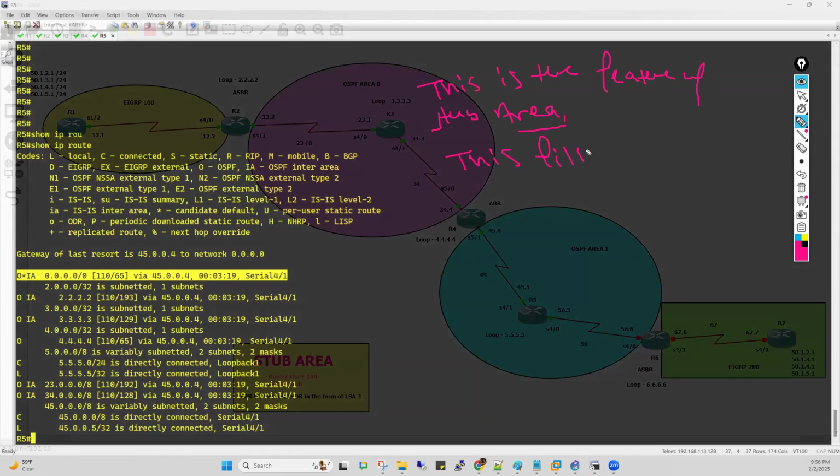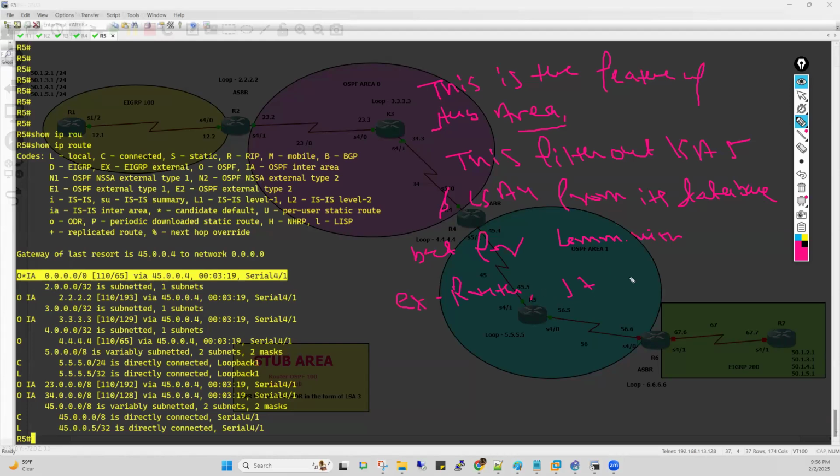It filters out LSA number 5 and LSA number 4 from its database, but for communication with external routes, the ABR sends one default route.